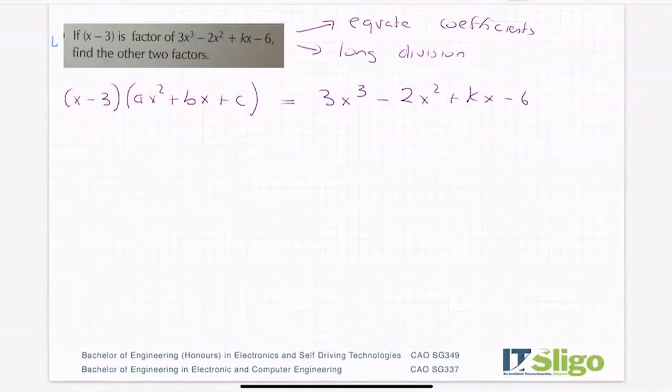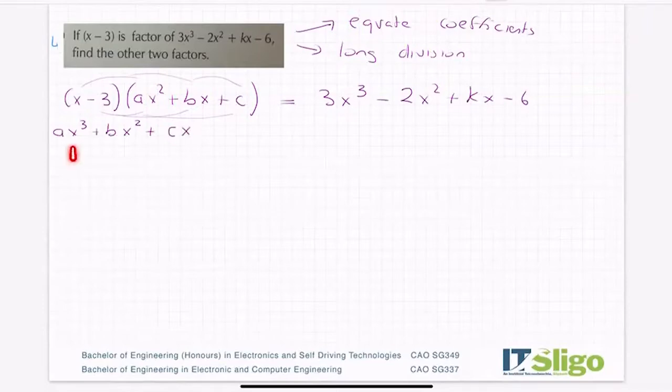Okay, so to work this out, it's x by everything in the second bracket, and then I'll go back for the minus 3 by everything in the second bracket. So ax cubed will be the first one. X by plus bx will give me plus bx squared. X by the c will give me cx.